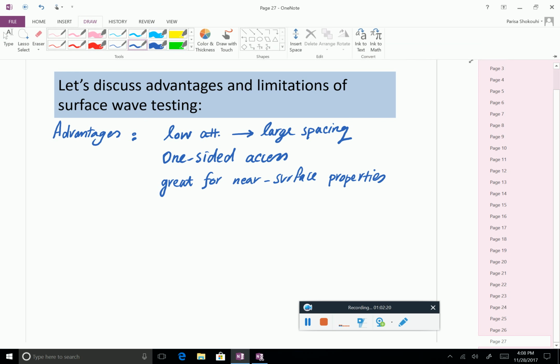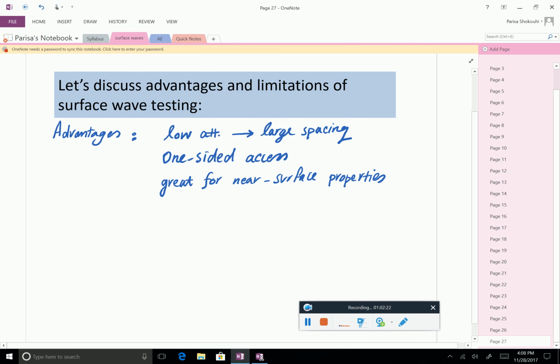Now, what do you think the main disadvantage is? What we saw today. Could be an advantage, right? Why?